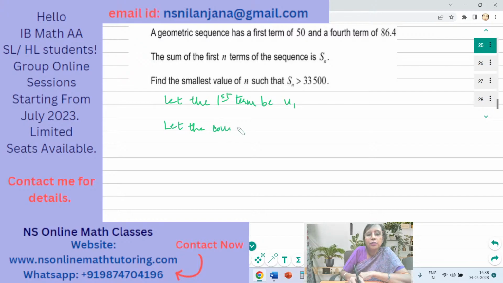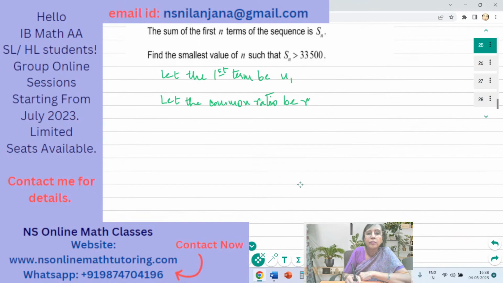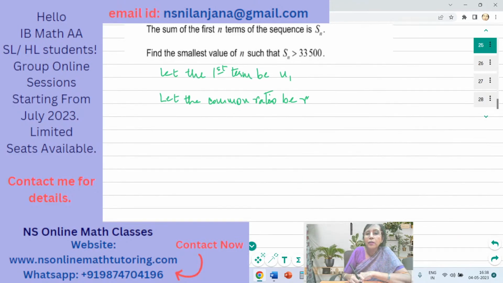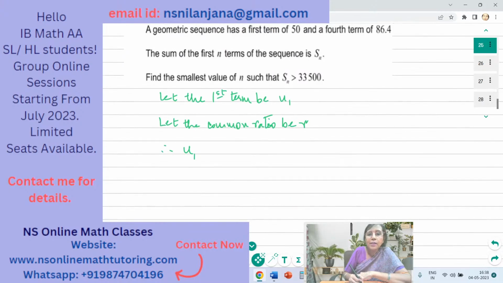Let the common ratio be r. Therefore, they are saying the first term is 50, so u1 is equal to 50.